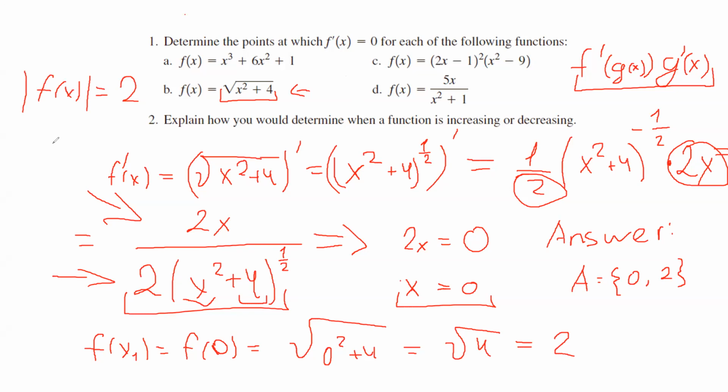The square root of a number has a positive modulus, but it could be negative. So f of x could be -2, or f of x could be 2, right?